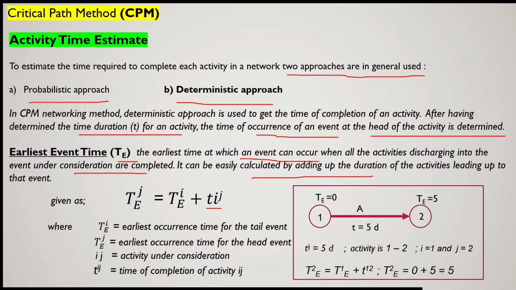So this 5 will be the earliest event time, or you can say the earliest time of occurrence of event 2 will be 5 days.